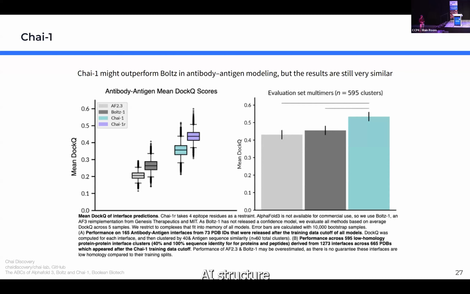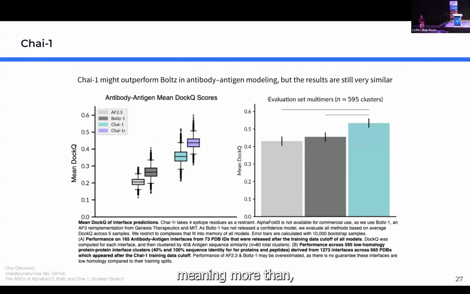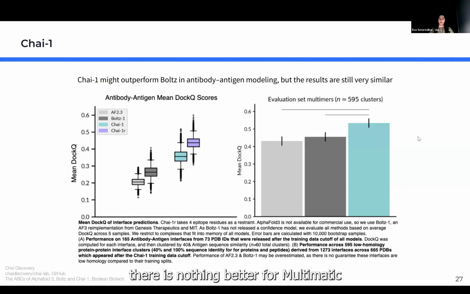So most of these AI structure prediction tools fail for larger proteins, meaning more than 150 kilodaltons, or an input sequence of more than 1,000 amino acids. Which model is best to predict structures for those big proteins? Well, there's nothing better for multimeric and big complexes than Chi-1, Boltz-1, and AlphaFold3.